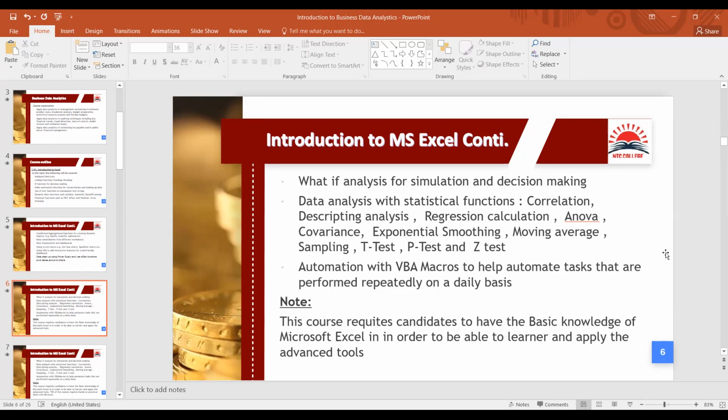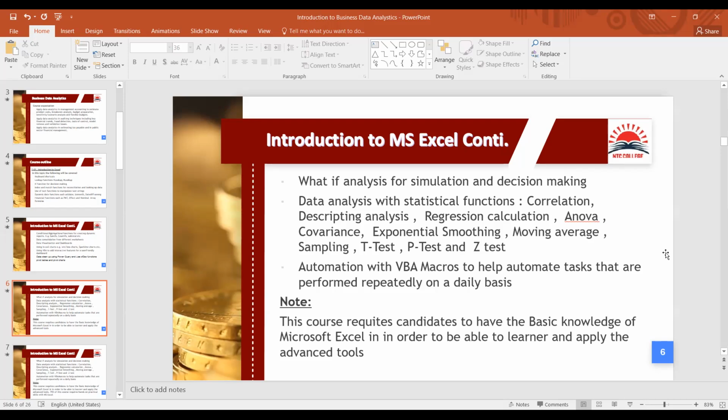Like for example, if you want to make a decision and you have the past data, an organization might have been making decisions without necessarily referring to the data that they have. So it's important that once you analyze the data, you will also be in a position to make well-informed decisions. Then we have the data analysis, that is with the statistical functions, the correlations, regression, t-test, p-test, among others.